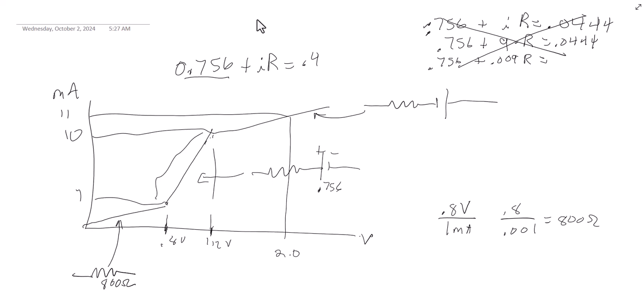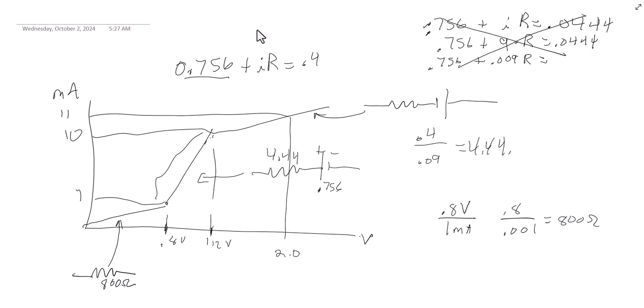V equals IR, so R is V over I, and V is 1.2 minus 0.8, which is 0.4, divided by 0.09 amps, which tells us that this middle part has a voltage of 0.756 and a resistance of 4.44.